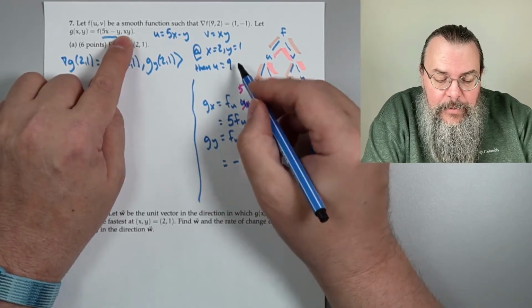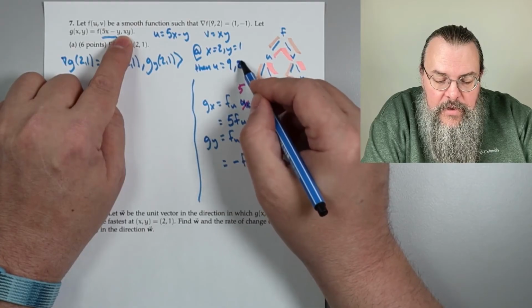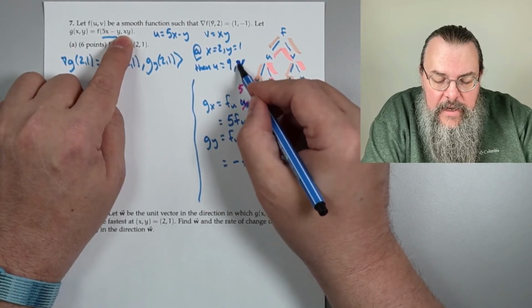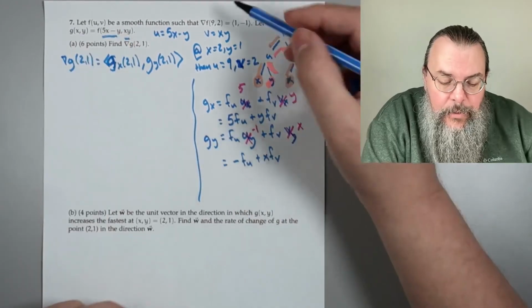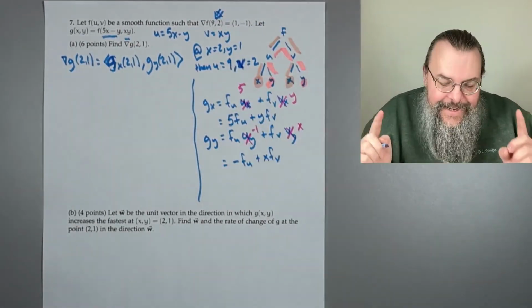And then x times y is 2. So u equals 9 and v equals 2, which is right there.